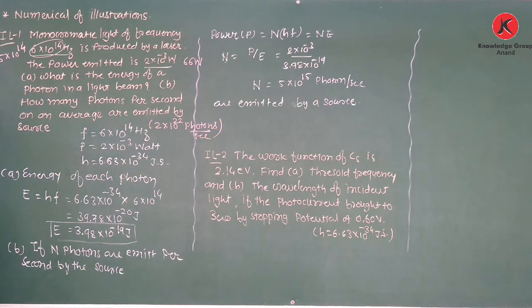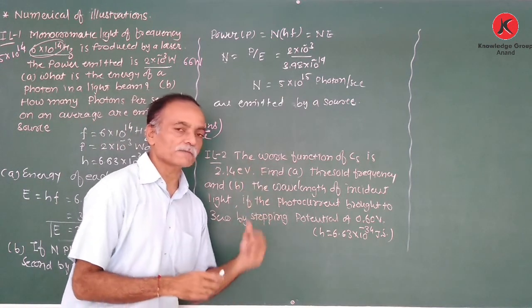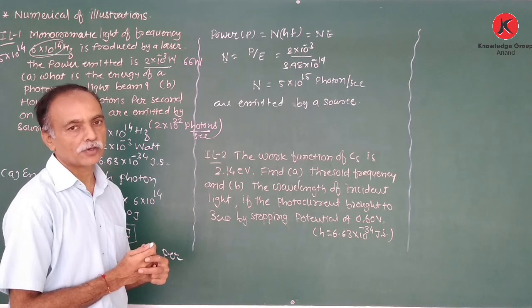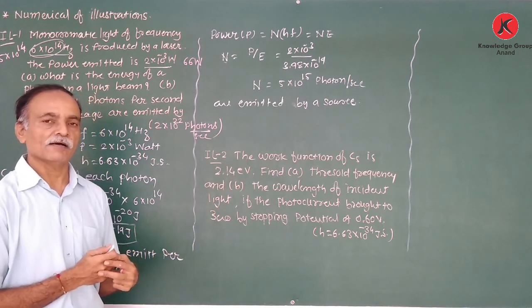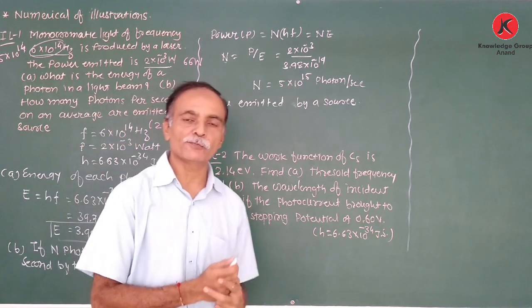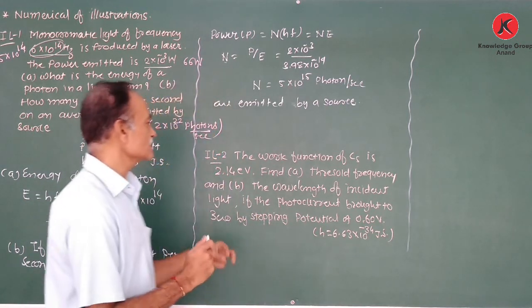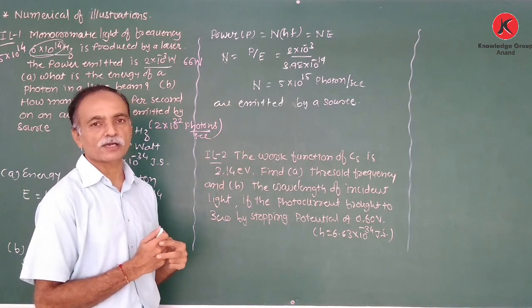Now the next illustration: the work function of cesium is given as 2.14 electron volt. Now listen here. The work function means the minimum energy required to produce a photoelectron from the photosensitive surface. That means the unit of energy is electron volt.